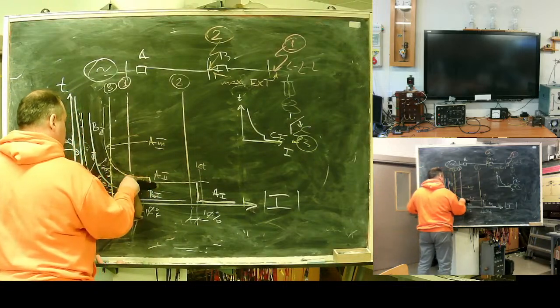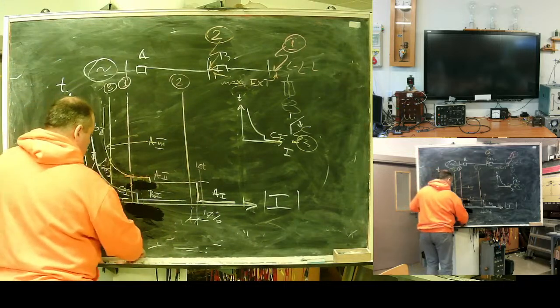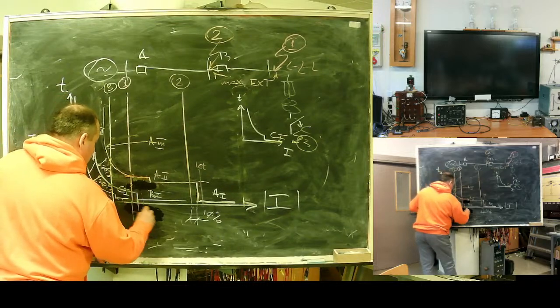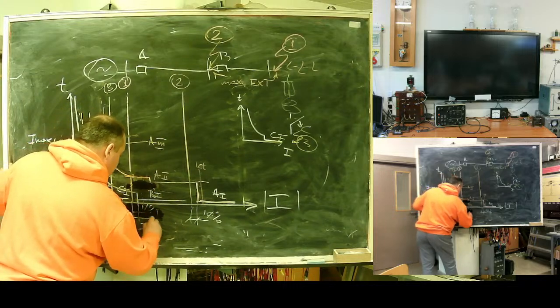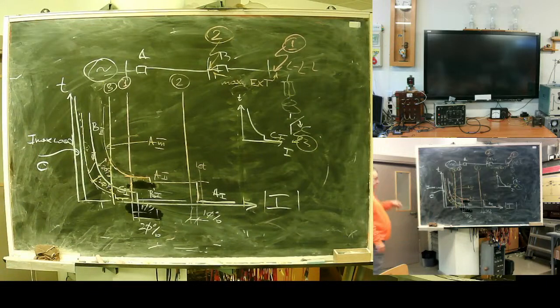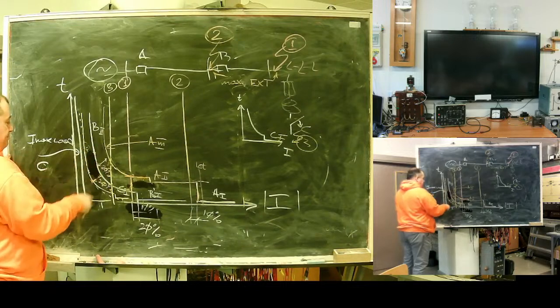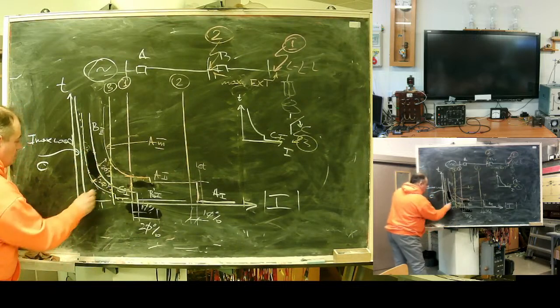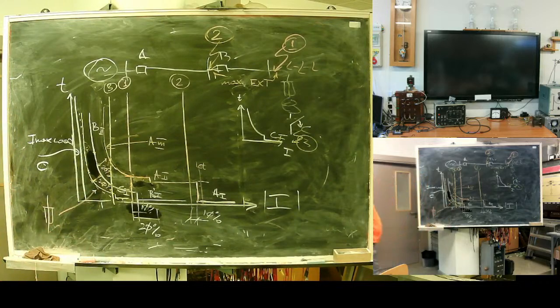Okay, we'll eliminate this 20% and draw it here. 10%, 20%. Here is the selectivity chart. And this line is in case of a fuse. Good.